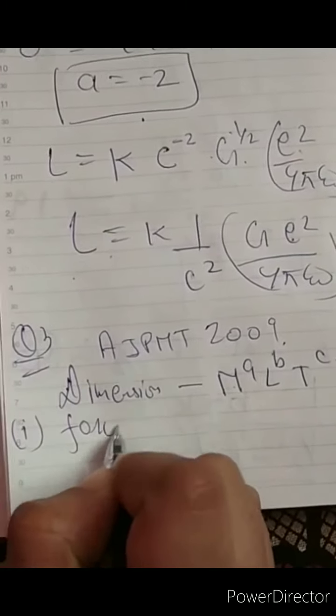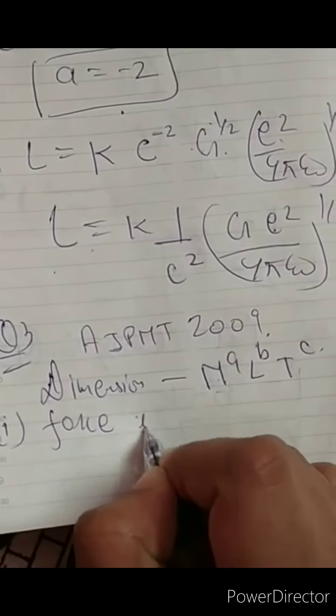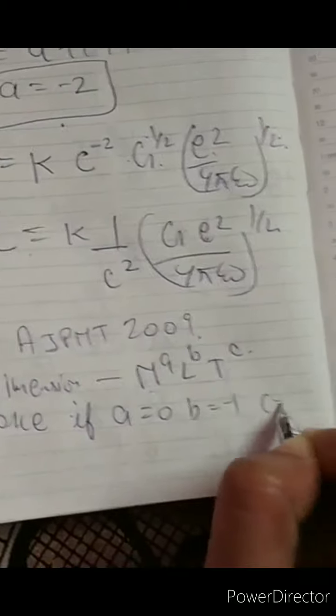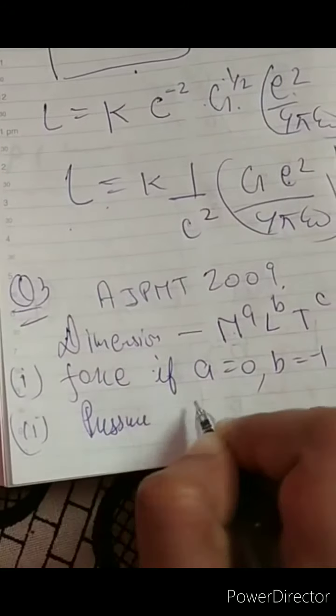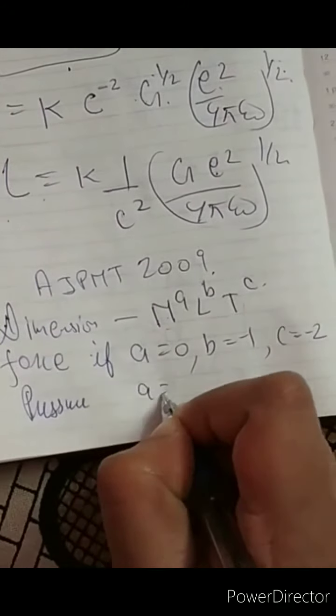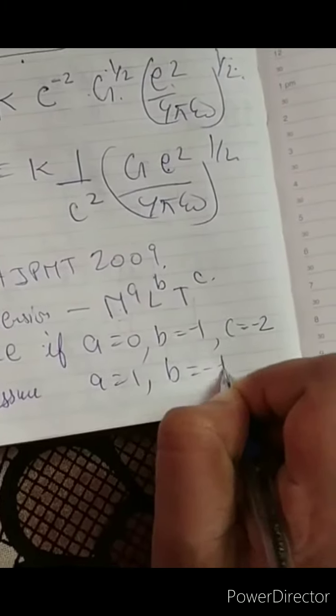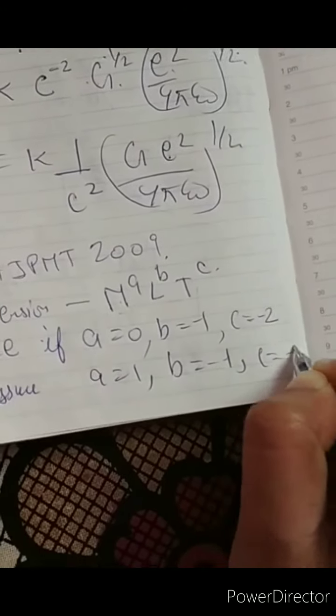This is our dimensional formula, and you have to find which among these are correct and suit this formula. Whether it is force, which says a is equals to 0, b is equals to minus 1, and c is equals to minus 2. Or whether it is pressure, where a is equals to 1, b is equals to minus 1, and c is equals to minus 2.